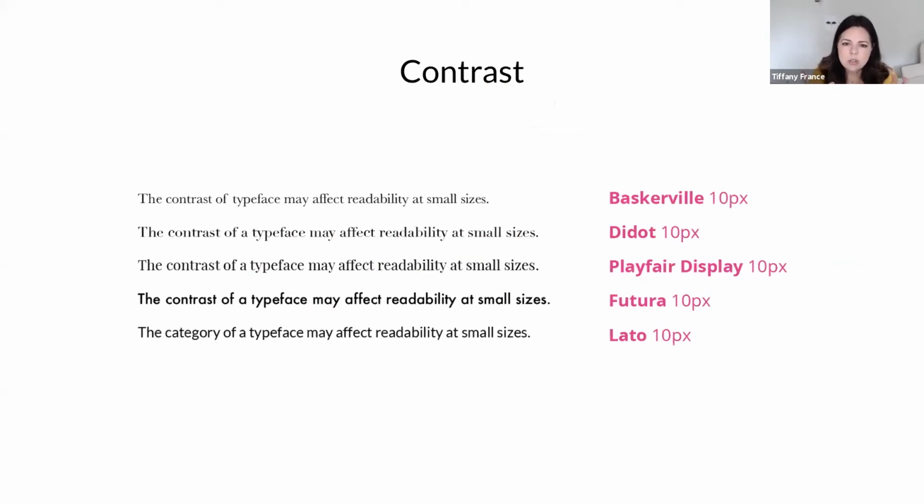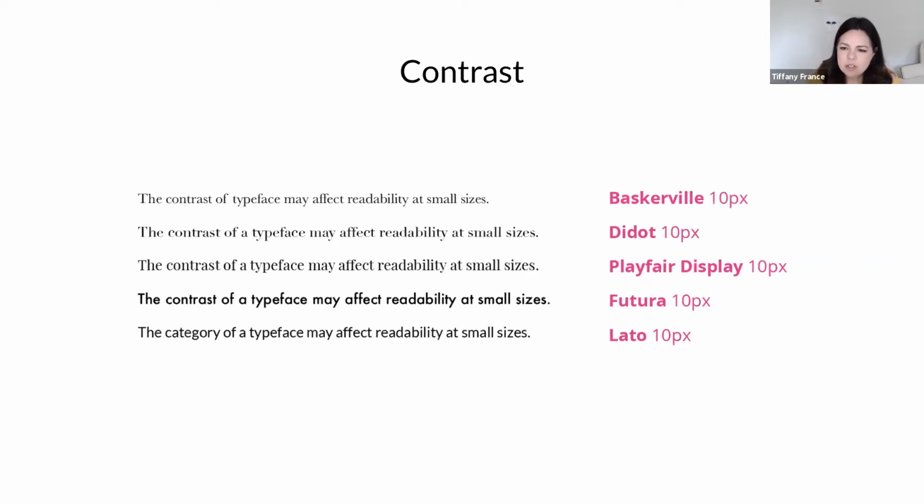When you start to shrink down type, Didot, which is the second row here, the hairline strokes start to break down. You can see in this example where the O and the E, the edge of that stroke has really started to disintegrate. And that makes it really hard to read because your brain has to do the extra work to figure out what that letter form is.